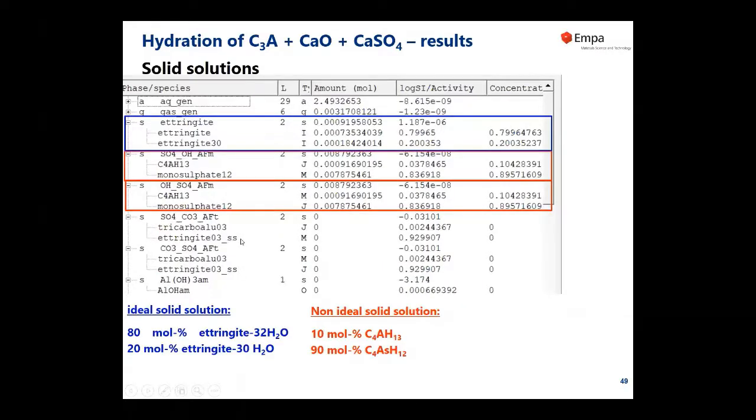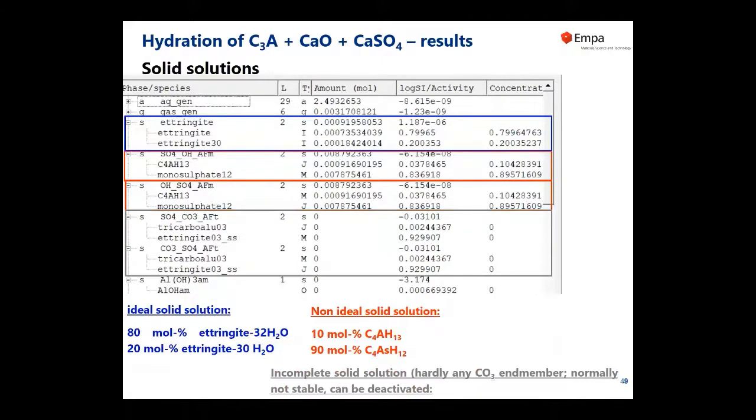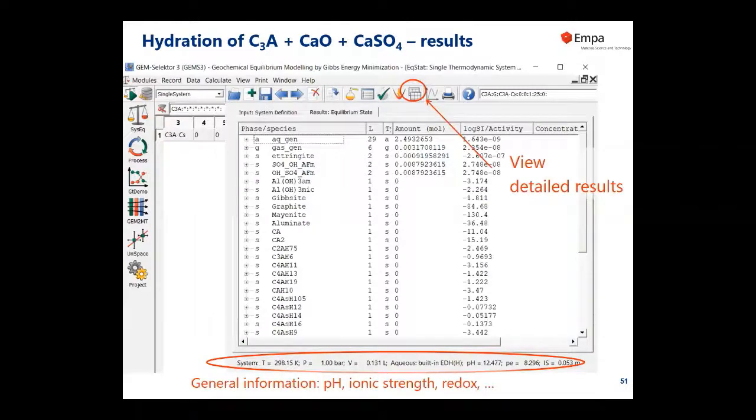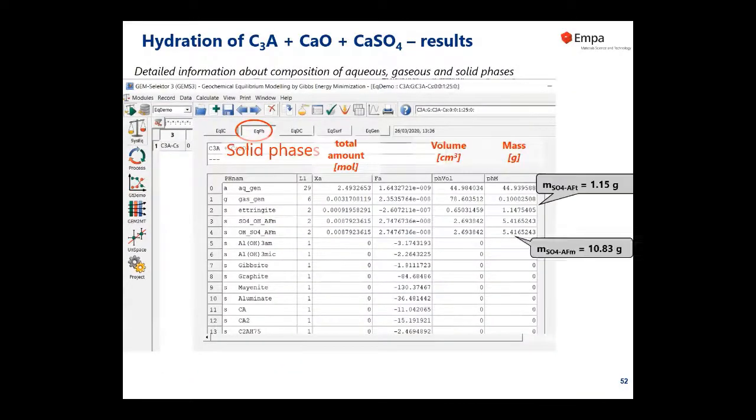Basically, yes, you already have it here twice. It's because we have this special solid solution with a miscibility gap. And then, due to practical reasons in GEMS, it occurs twice, and you just have to add up the results. So, like we do, for instance, here, we have AFM phases, and mathematically it distributes them in both end members of the AFM phases with, in this case, the same weight.